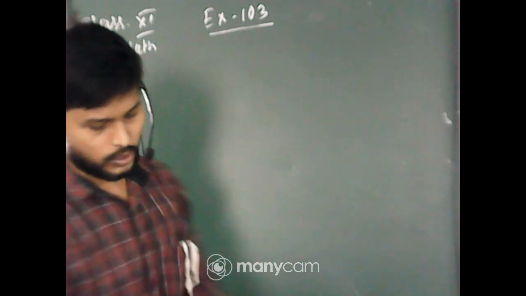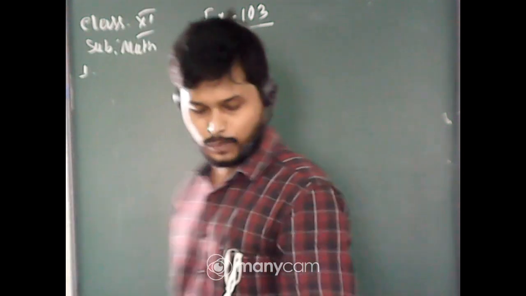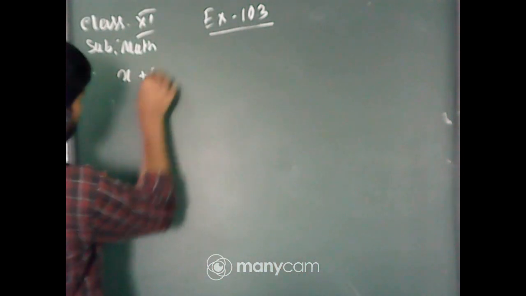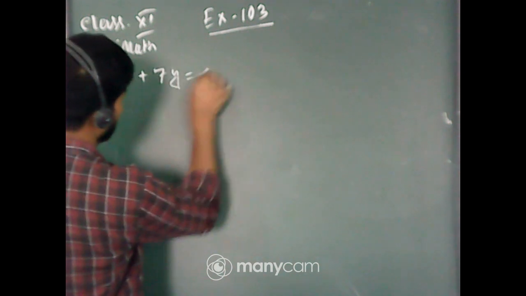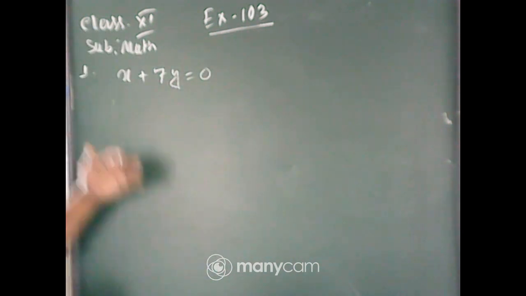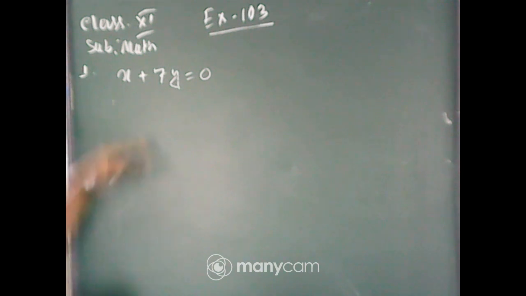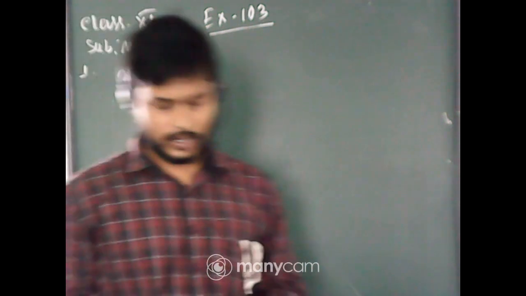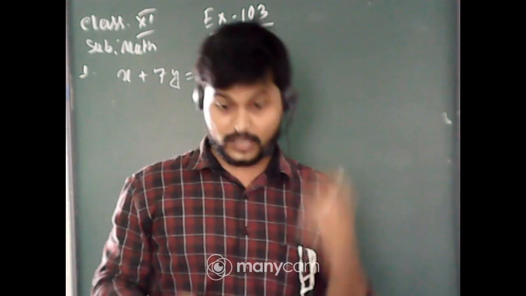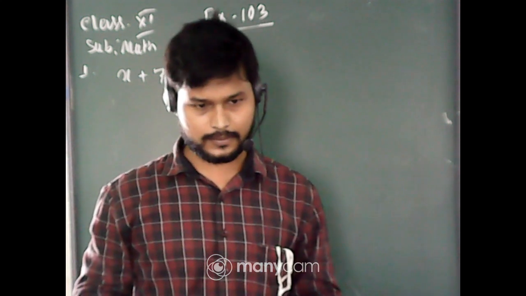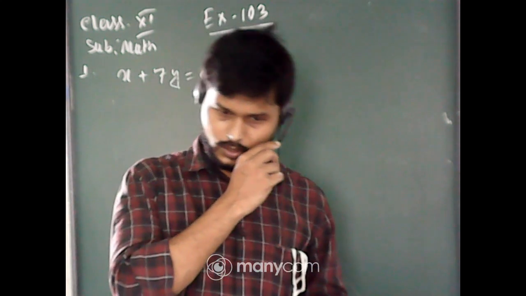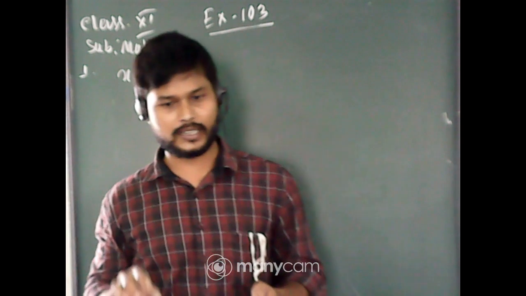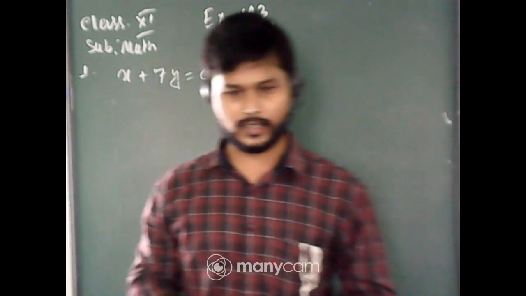The equation given is x plus 7y is equal to 0. We have to put this equation into slope intercept form. Now, one question for you: do you know what is the slope intercept form of a straight line?